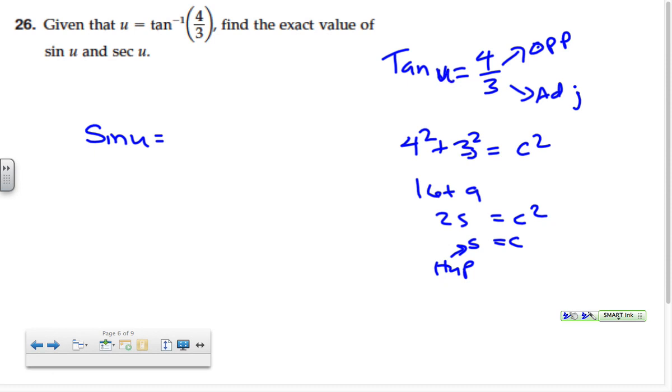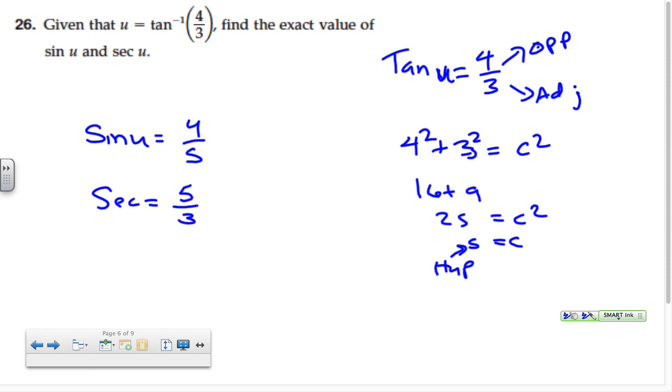If the tangent of u is 4/3, so if that's opposite over adjacent, my sine is opposite over hypotenuse, 4 over 5. And my secant is going to be my hypotenuse over my adjacent, because the secant is 1 over cosine, so it's 5 over 3. And that's it.